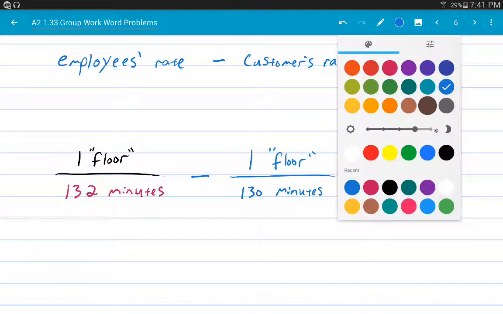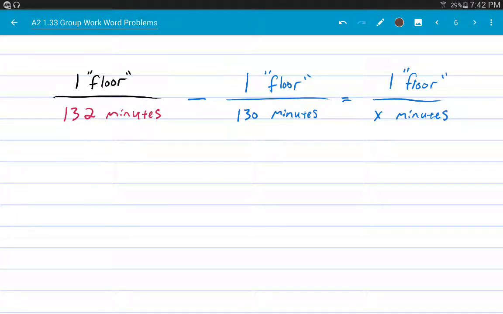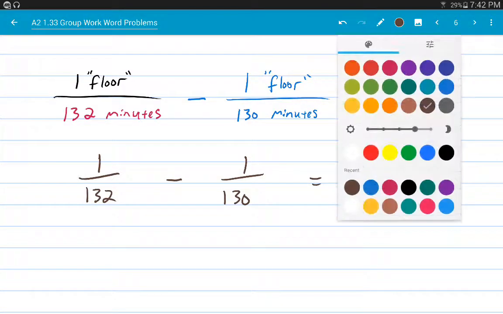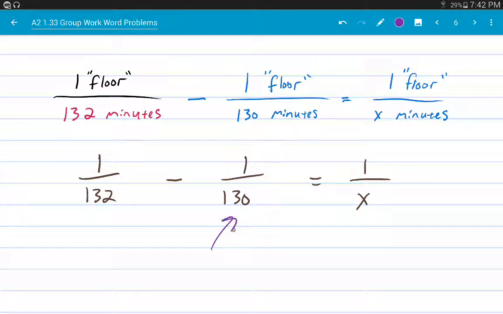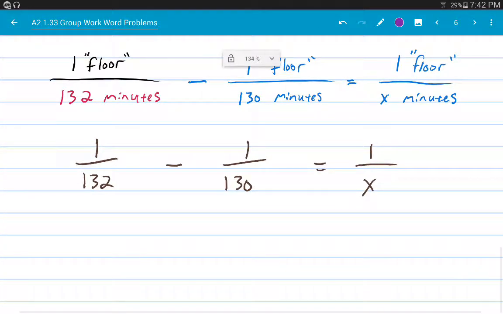Now, I'm going to rewrite this without the units, because I like to clean it up. So I've got 1 over 132 minus 1 over 130 equals 1 over X. I look at these two numbers, 130 and 132, and I don't know what their common denominator would be. I don't know what common multiple they have.